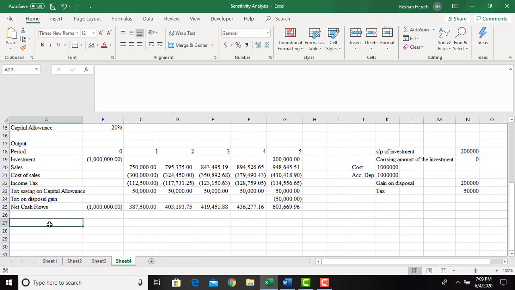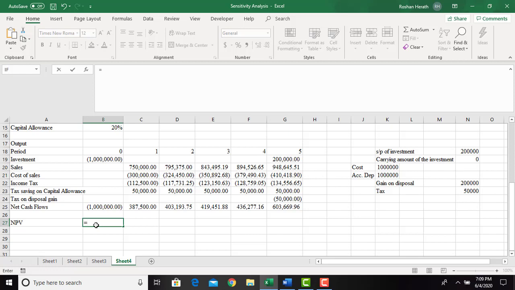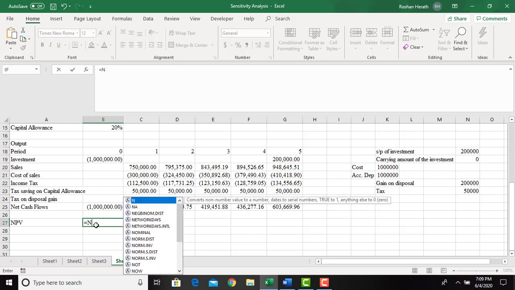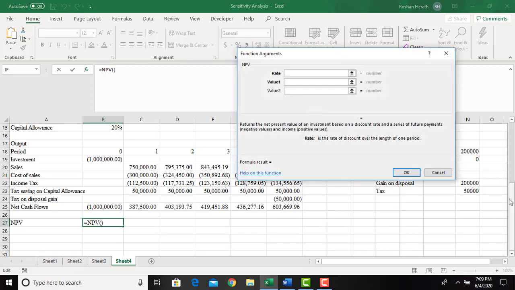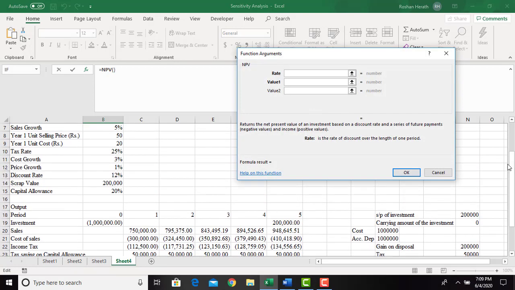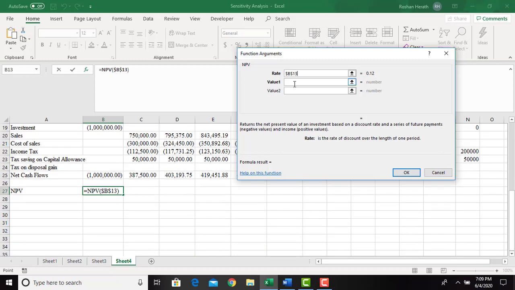Now you can work out the NPV for this particular scenario. For the current situation, you may compute the NPV. You can use the NPV function. So what you must do, you may get the rate first. The discount rate is given as 12%, take that, and the values.